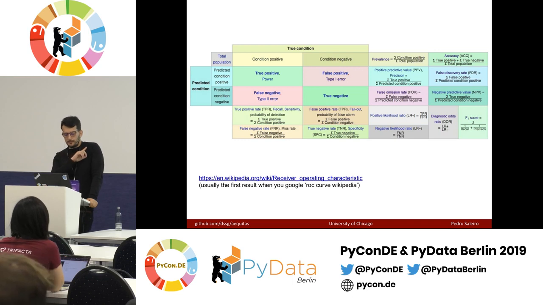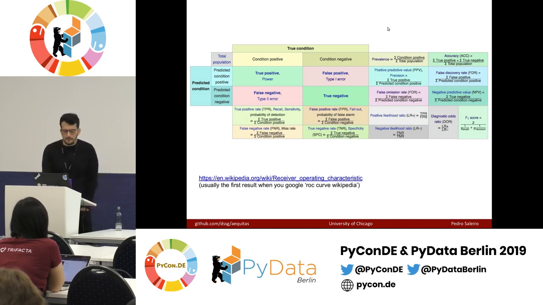If you go to the Wikipedia page of the ROC, there is this table there that strangely is not present in any other article on Wikipedia, but this is really, really useful because it defines a confusion matrix and all these supervised error-based metrics that we typically calculate.